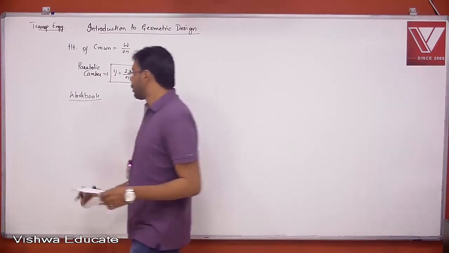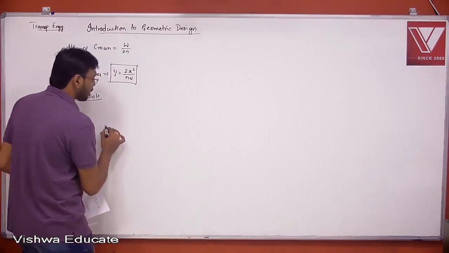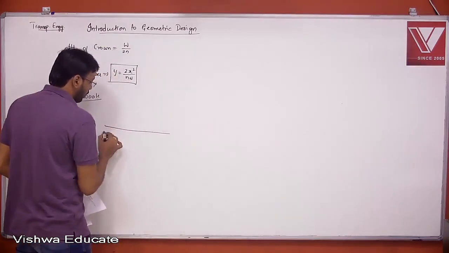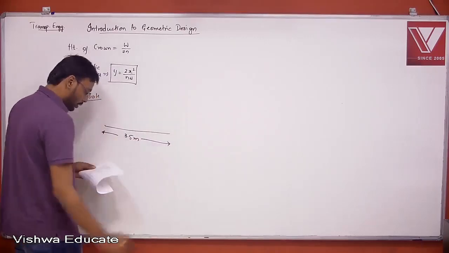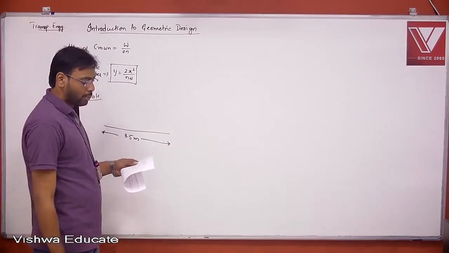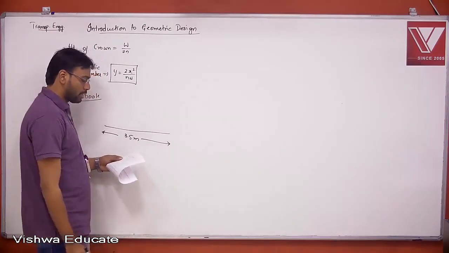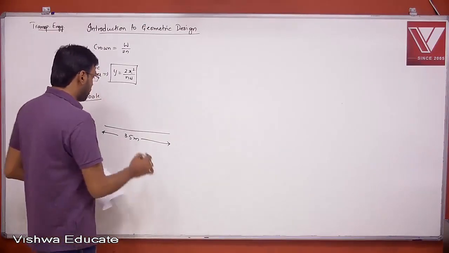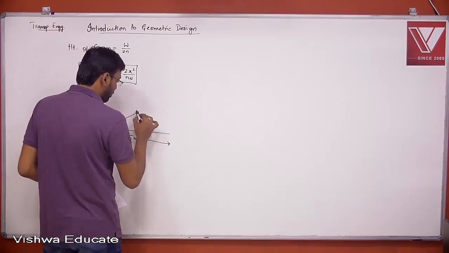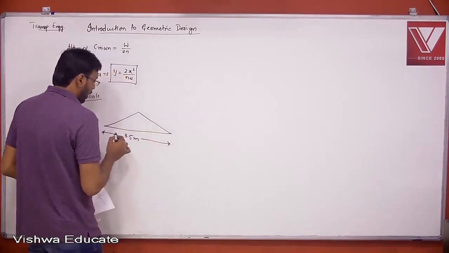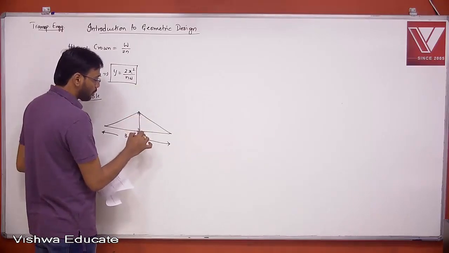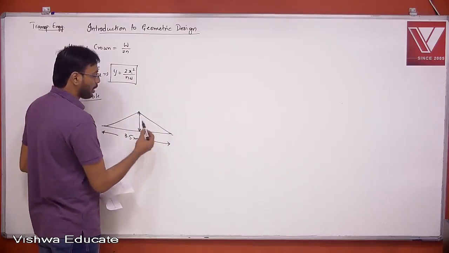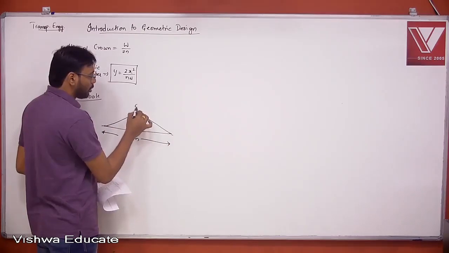Let me draw a diagram. The width of the road is 3.5 meters. It is a straight line camber, and we need the maximum height of the crown with respect to edges. Edges are at this height, and this is my crown.